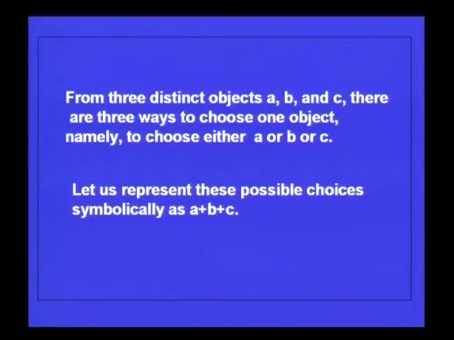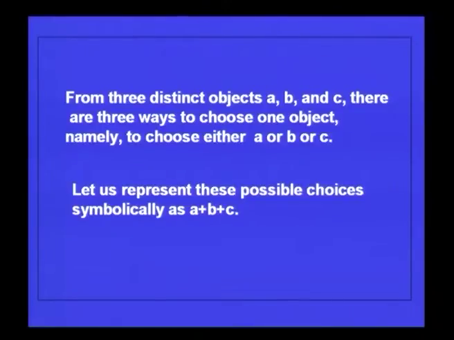Now, from three distinct objects A, B and C, there are three ways to choose one object, namely to choose either A or B or C. Let us represent these possible choices symbolically as A plus B plus C.